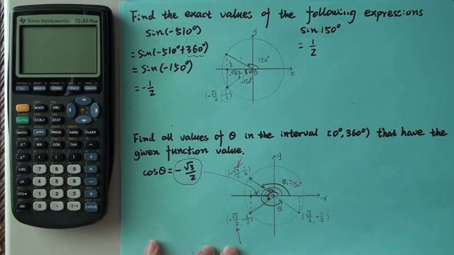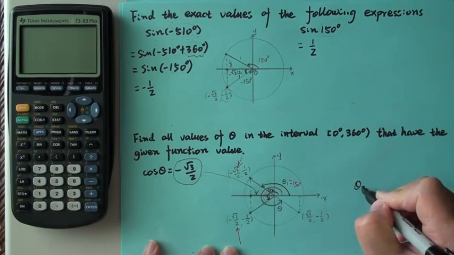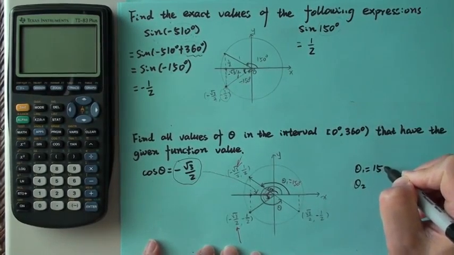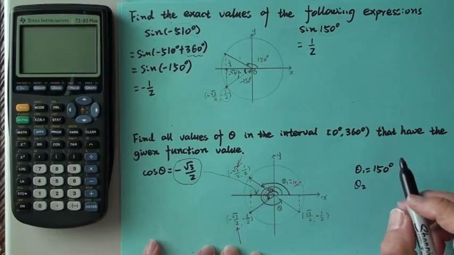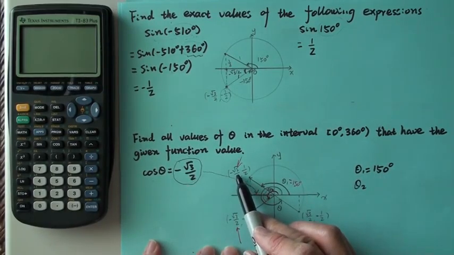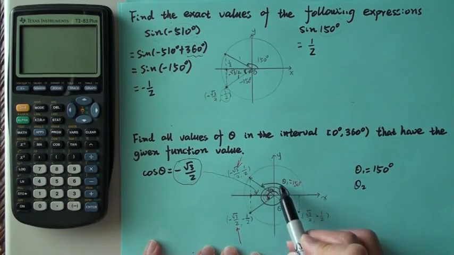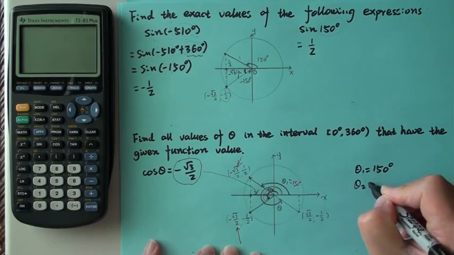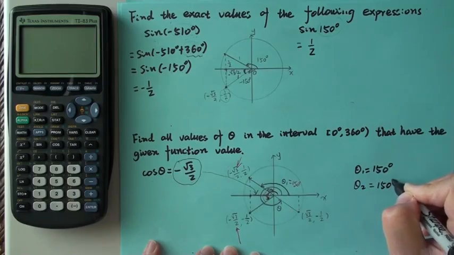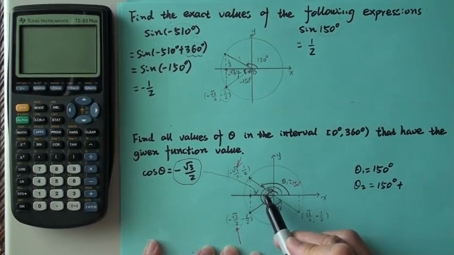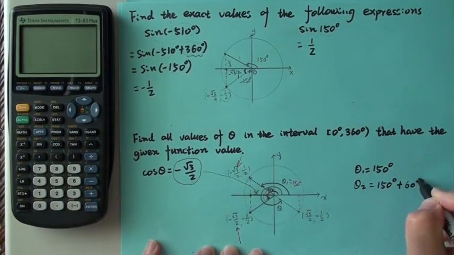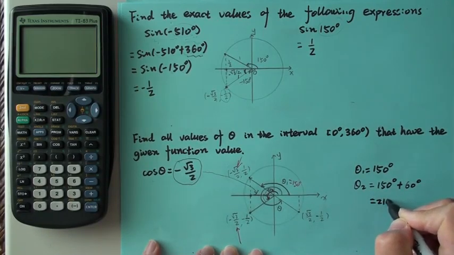Then for theta 2, we know theta 1 already, 150 degrees, and we have to add another 60. So in order to get negative radical 3/2, one angle is 150 degrees, and another one is 150 plus 60, so it's 210 degrees.